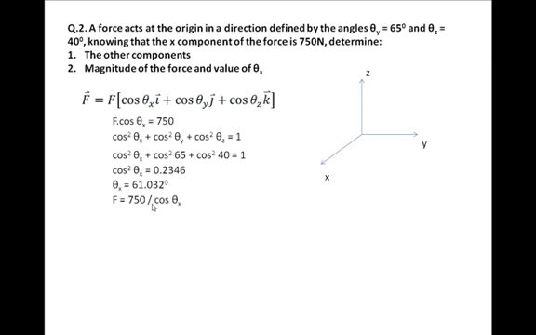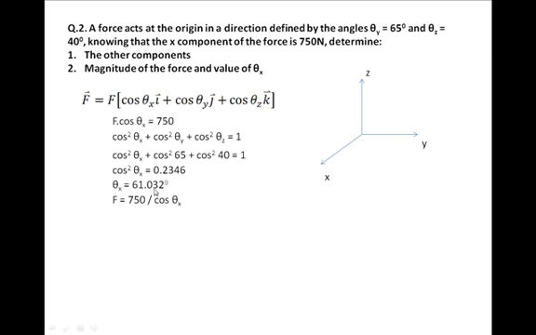Now, this 750 is F cos theta x. From this you get F, which is the magnitude you want to find.